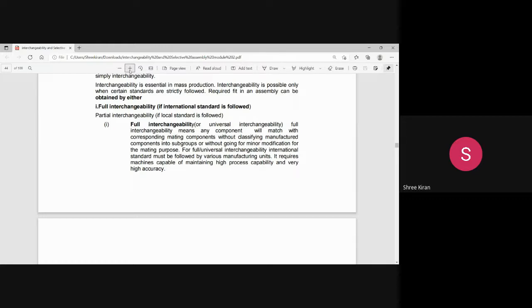Then it comes to the types of interchangeability. The first one is full interchangeability, covering all types of parameters. If it follows an international standard, we can name it full interchangeability or universal interchangeability.